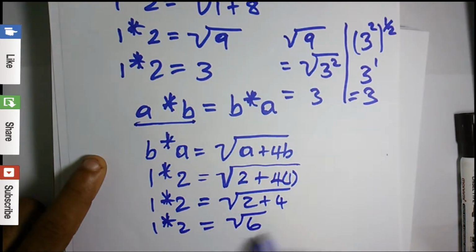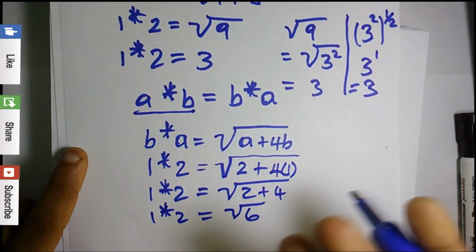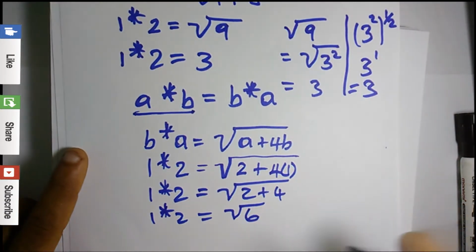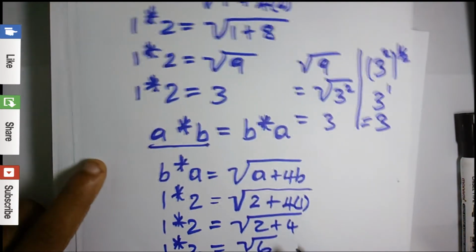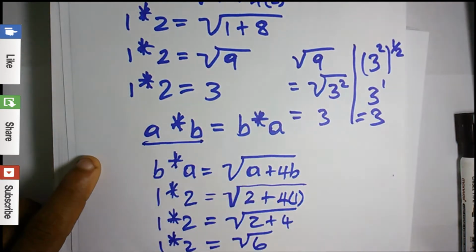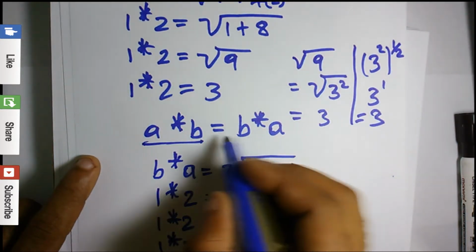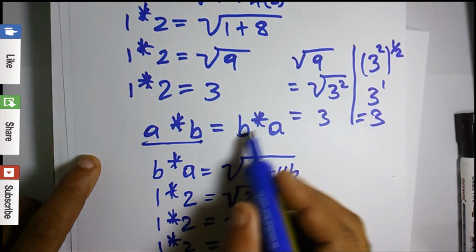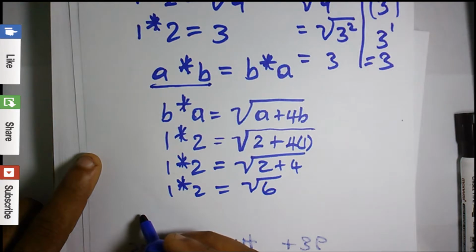And you should know that the square root of 6 is an irrational number, in which when you put it on the calculator you get a whole heap of decimal places. That's some basic explanation of an irrational number. So if you realize, we didn't get the same value for a asterisk b as for b asterisk a. So what I can do is give a little statement. Remember, it's 3 marks for the question.